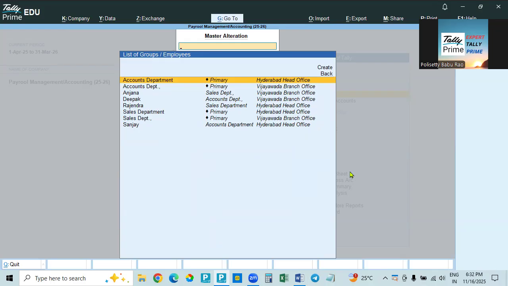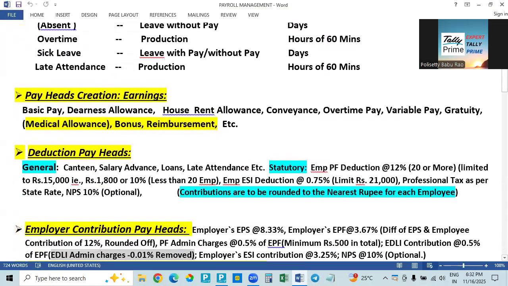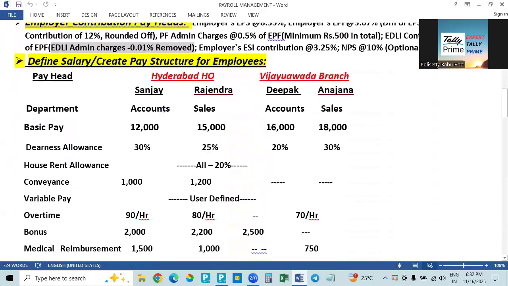In our problem, we have two offices, Hyderabad head office and Vijayawada branch. In both, there are accounts and sales departments, called categories and groups. There are two employees in one office and two in the other, one employee for each department.